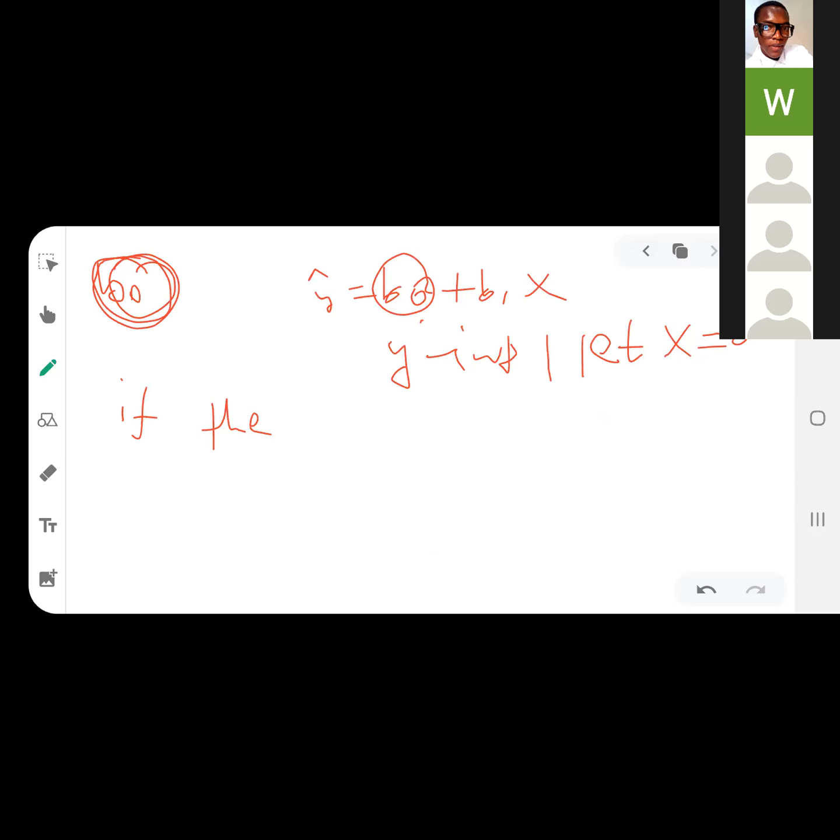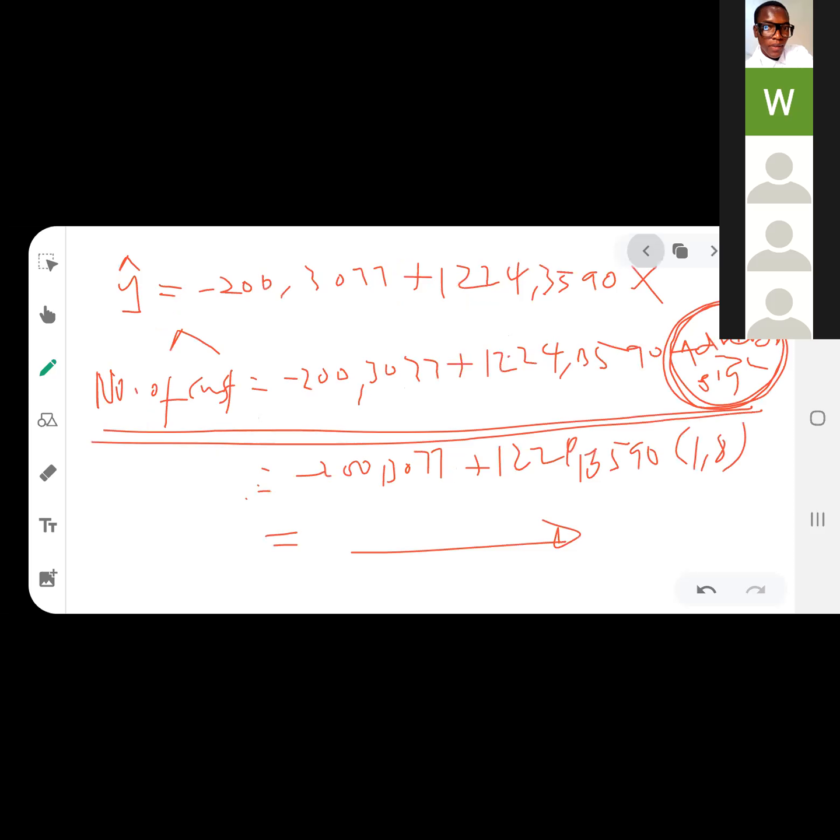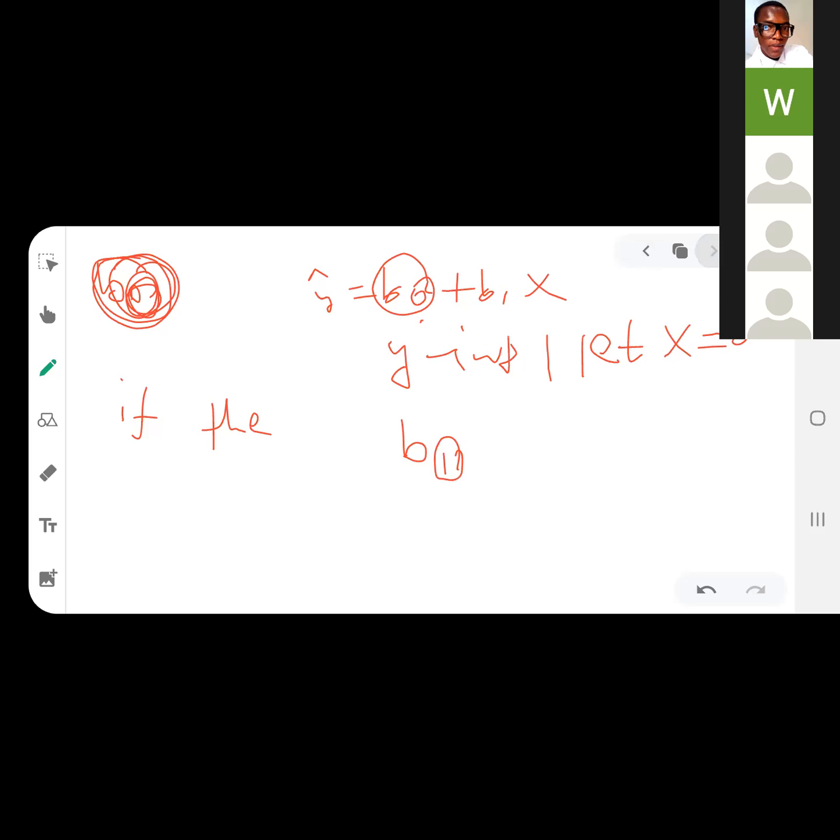So when we interpret B1, the 0 on B0 shows you the value of x. Same here, this is the value of x. Remember we said B1 is the slope. And because of the positive sign here, we are saying we have an increase.